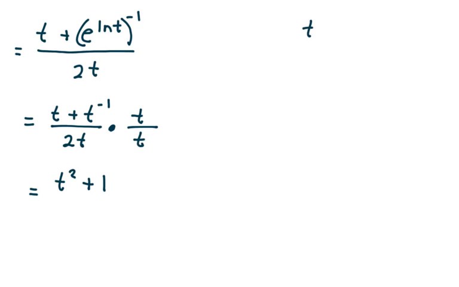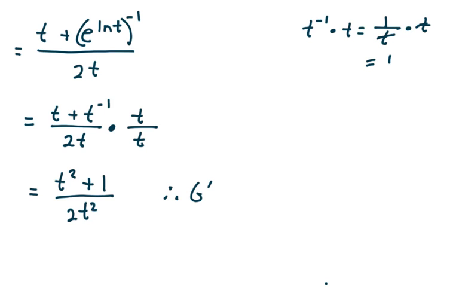The t's cancel, you get 1. And again, of course, t can't be 0. And then I'm going to divide by 2t squared. And so therefore, g prime of t is t squared plus 1 divided by 2t squared.